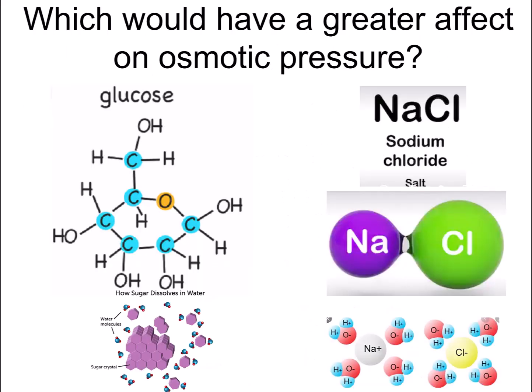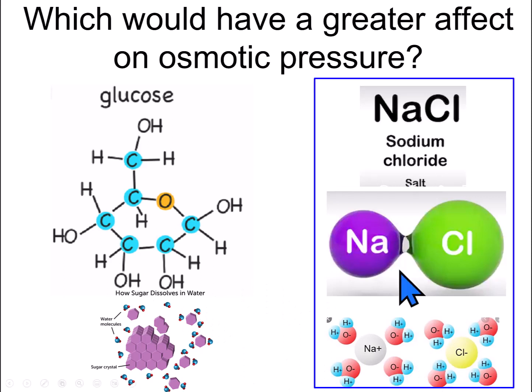Well, here's a question for you. Which would have the greater effect on osmotic pressure? 1 glucose molecule, which is a large molecule with 6 carbons, 12 hydrogens, and 6 oxygens, that you dissolve in water, or 1 sodium chloride, which will dissociate into individual sodium and chloride ions? Which one would have a greater effect on osmosis?